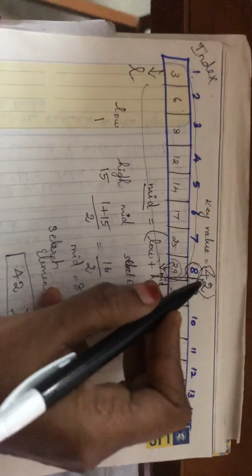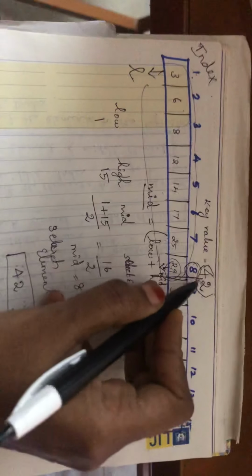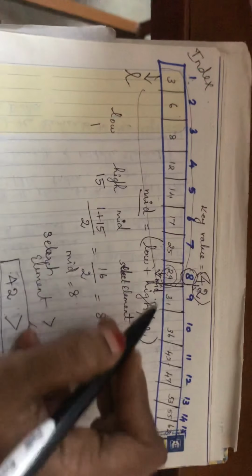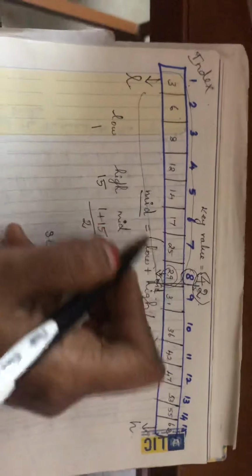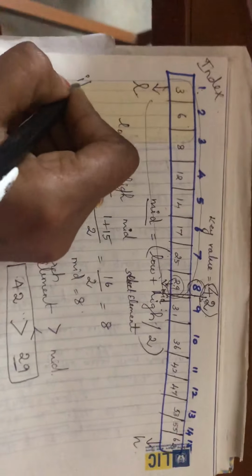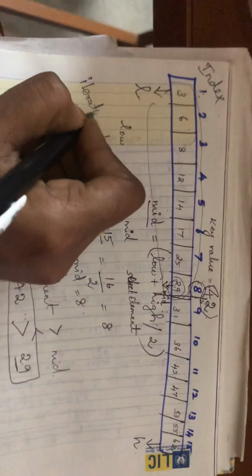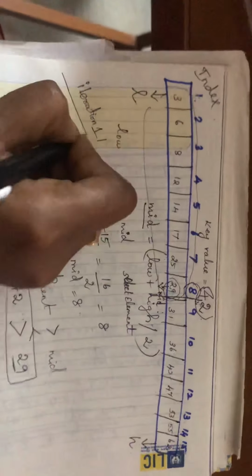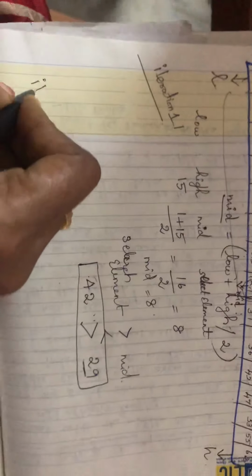So our searching element may be in the greater values only, so we select here and omit the first part. This is iteration 1. Then we move to iteration 2.